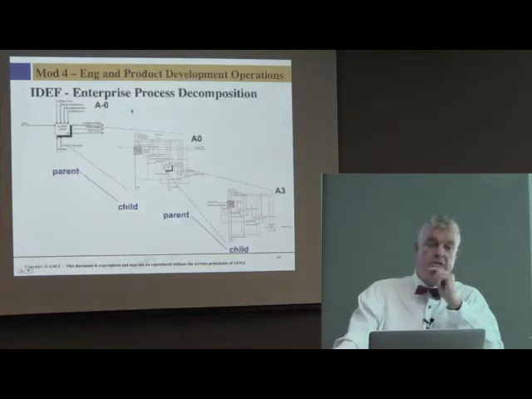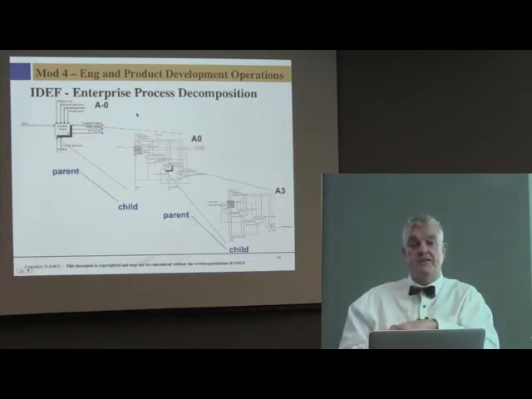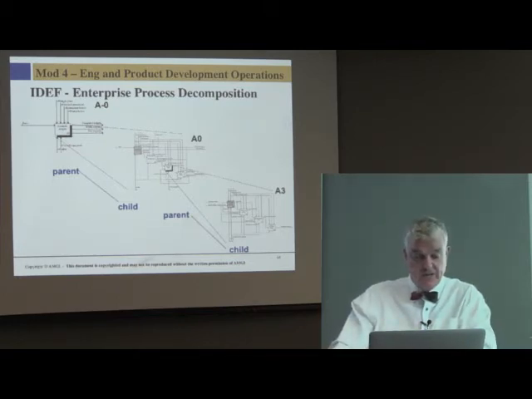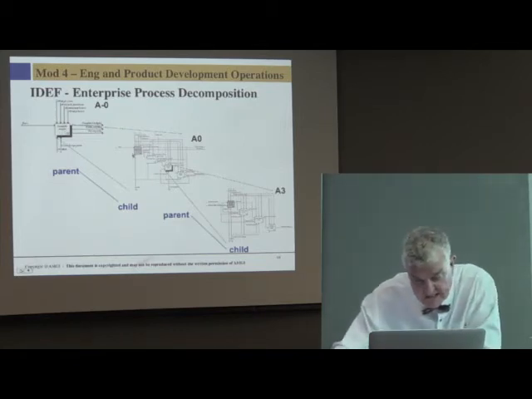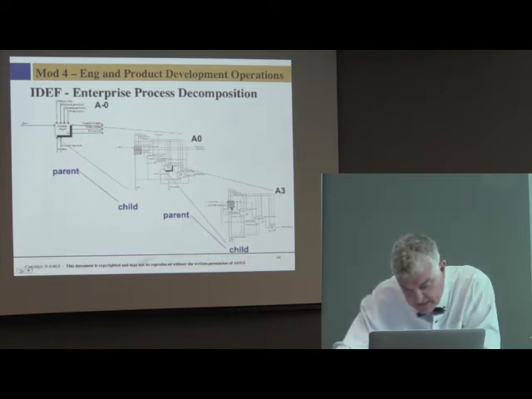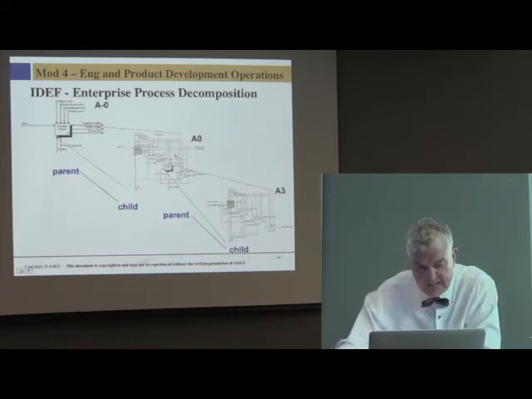I also will introduce you to a modeling tool I use to model the whole enterprise of aerospace companies called IDEF, Information Definition Modeling Technique. IDEF A0 is the functional one. So it's a parent-child. So this particular process, assemble widgets, is made up of these 3 sub-processes, and then this process is made up of these 4 sub-processes.